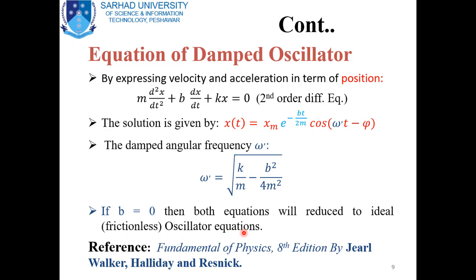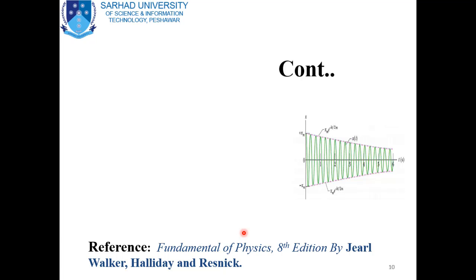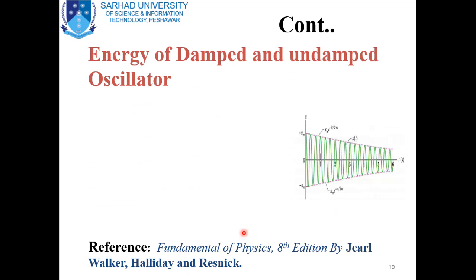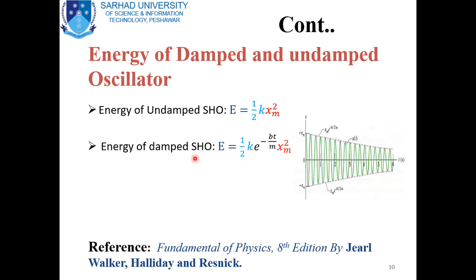So if we study the energy of the damped harmonic oscillator and compare it with the undamped harmonic oscillator, it is clear that for the undamped oscillator we developed earlier, E is equal to half k xm squared, while the energy of the damped harmonic oscillator is E equal to half k e to the power minus bt divided by m, into xm squared.